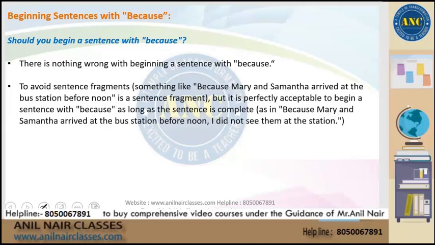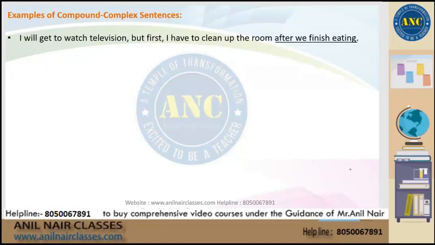When you're beginning sentences with because, we're mostly told that we're not supposed to begin sentences with the word because, since it is wrong. But let's look at an example of a compound complex sentence. So your sentence here is, I will get to watch television, but first I have to clean up the room after we finish eating.